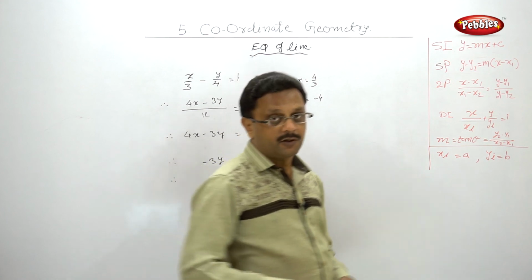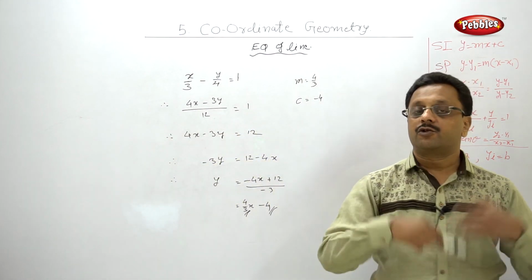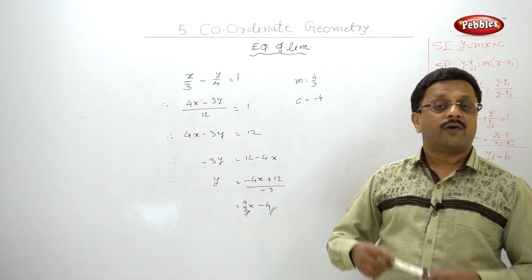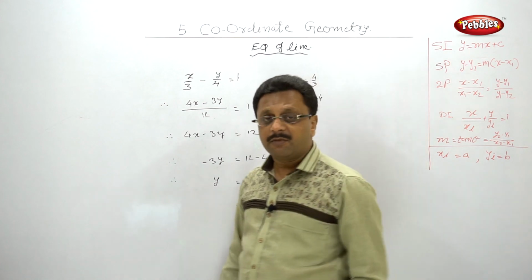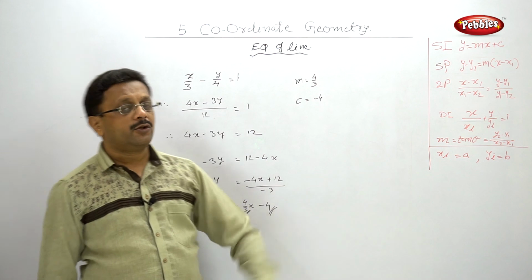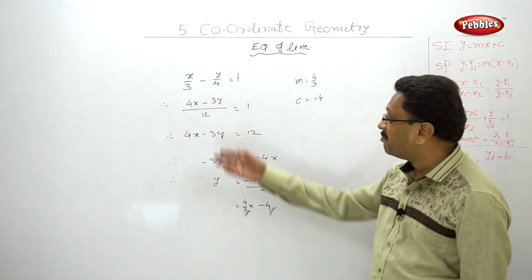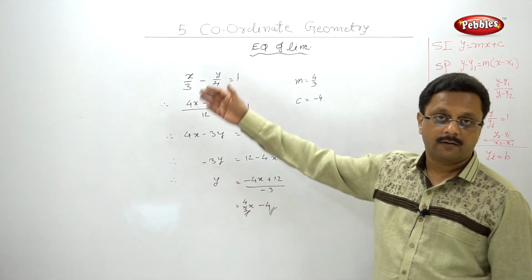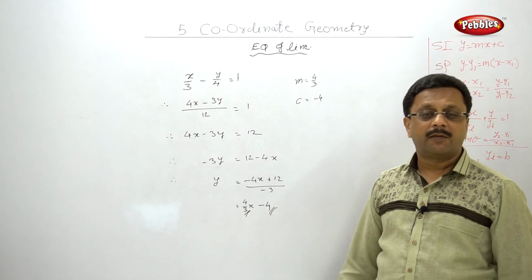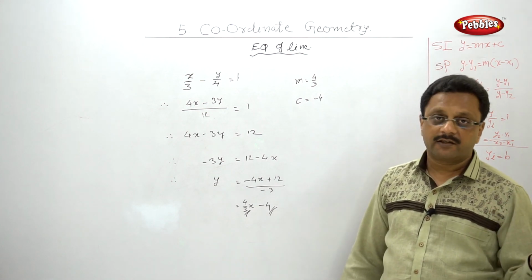Just don't miss the calculations. I'm reminding you, don't miss the calculations again and again. Why? Because while checking papers, I have seen many times the students know everything. They know the form, they know how to solve, they know everything, but they make some mistakes while calculating or while doing this multiplication or transformation, and the final answer is wrong.